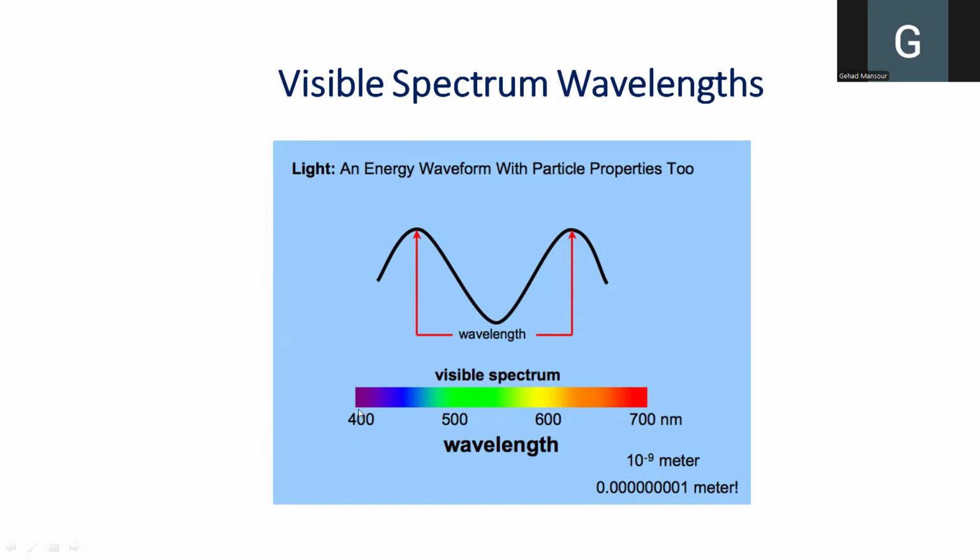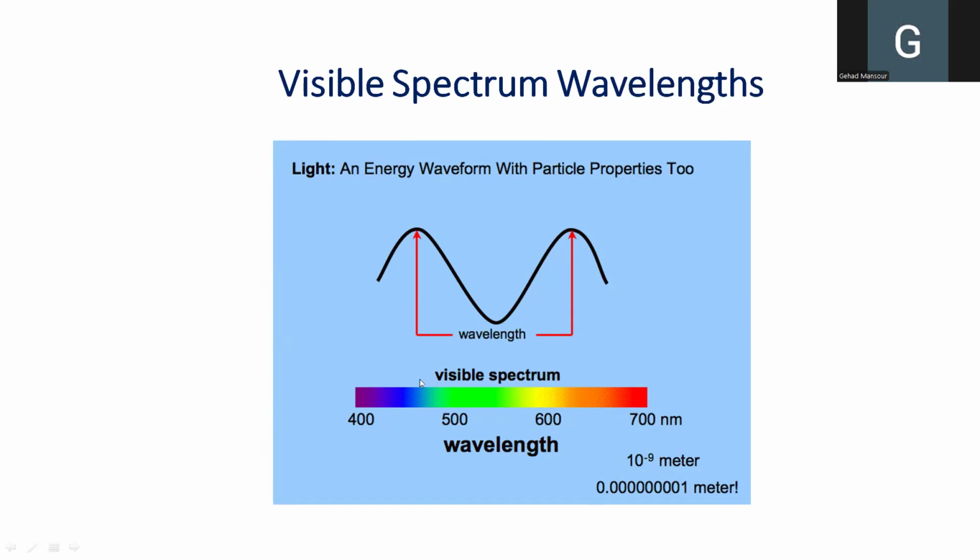The longest wavelength in the visible spectrum of light is the one for red, which is 700 nanometers. And the shortest one is the one for violet or purple, which is 400 nanometers. And in between them, we have the green range of wavelength that is around 500, and the yellowish, which is around 600. As we said, the unit is nanometer, which is 10 to the power minus 9 of a meter, or 1 over, I would say, 1 billion meter.